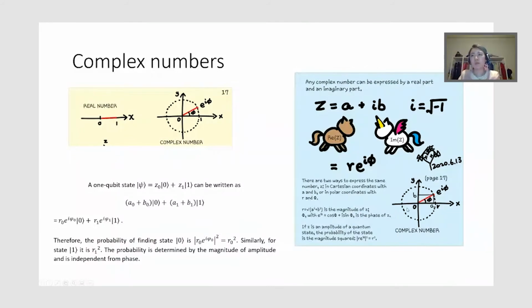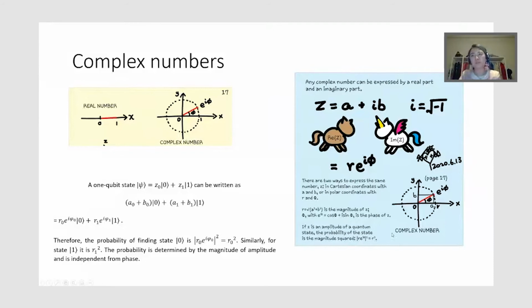When you're trying to calculate the probability from the amplitude, you're actually doing a modulus square, the absolute value squared. You quickly see that the phase here, when you do the square, cancels itself out. What it leaves is just the magnitude squared.